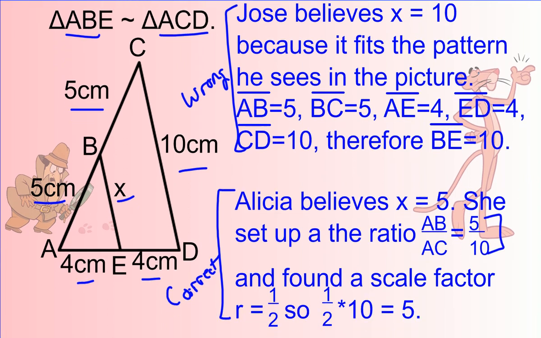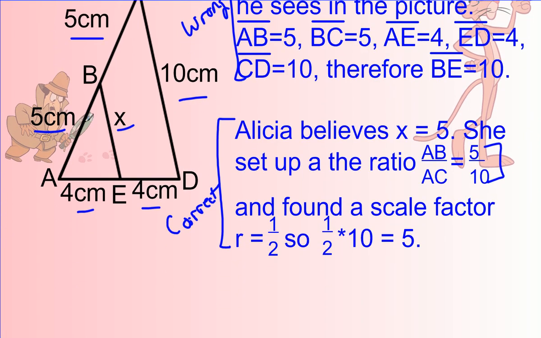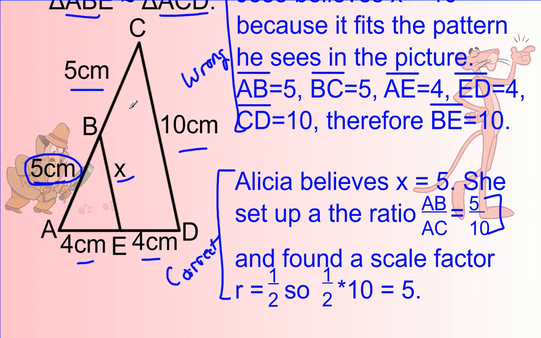But let's see if that makes sense. This side, AB, is 5, no doubt about that. But this 5 centimeters here, what is that measuring? It's not measuring the length of this big side of the triangle. It's measuring just this section of that side. So the whole length of this triangle is actually 10.